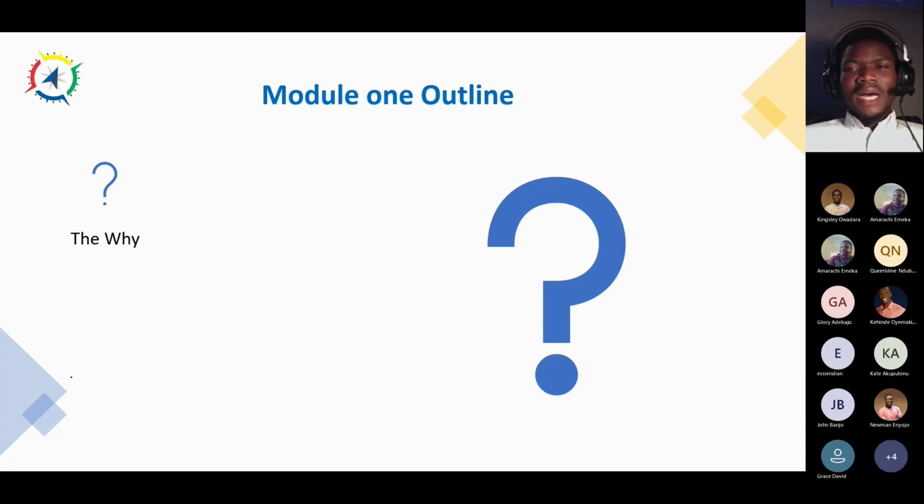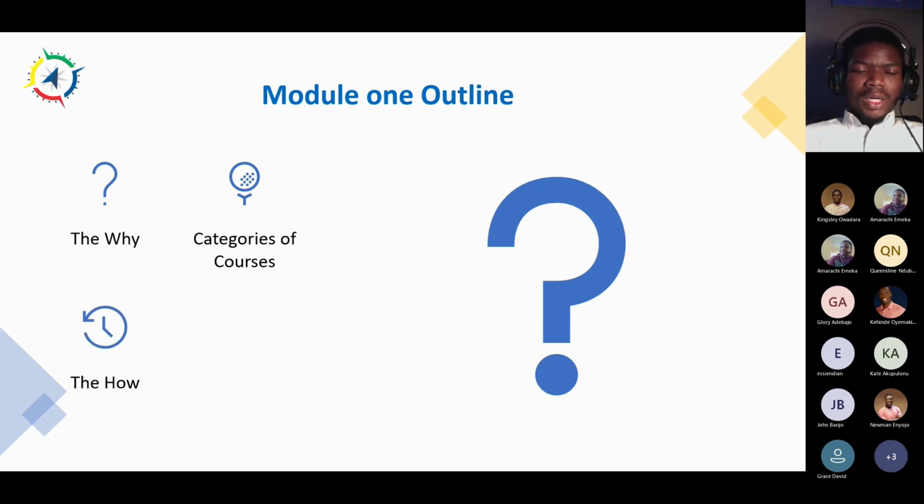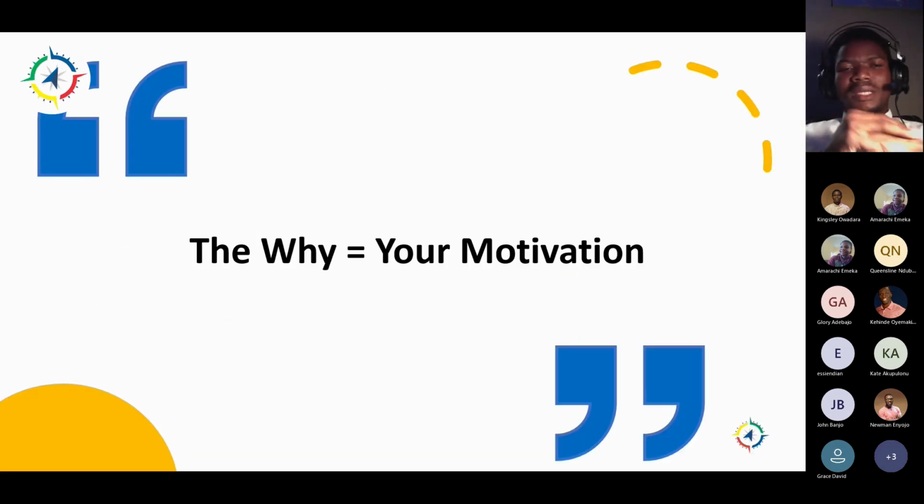And later in this webinar, you would understand why it is important to answer these definite questions. Also in this module, we're talking about the category of courses that you are likely to see. Then we'll talk about the how and the where.